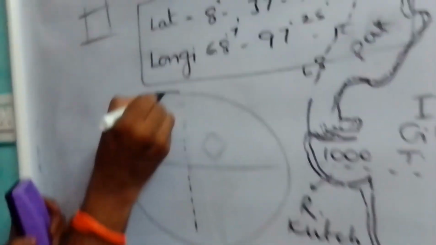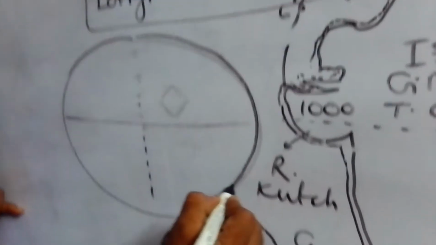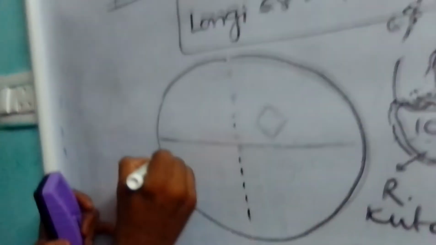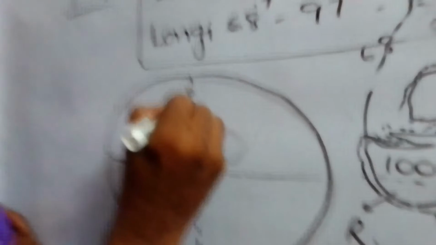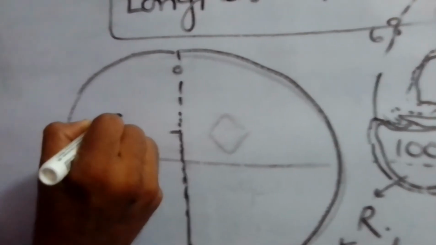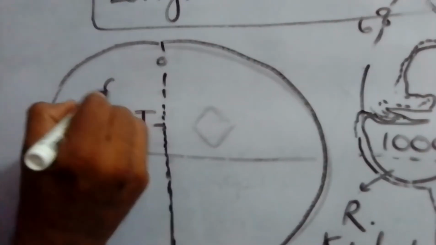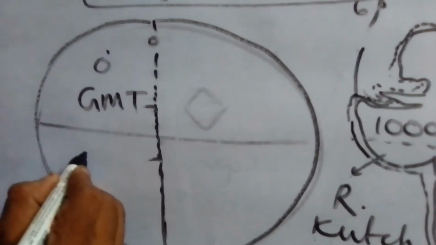Now on the globe we have to identify the approximate IST and GMT. So if we see the imaginary vertical line, which is called Greenwich Mean Time, also called GMT, also called 0 degree longitude, also called prime meridian.